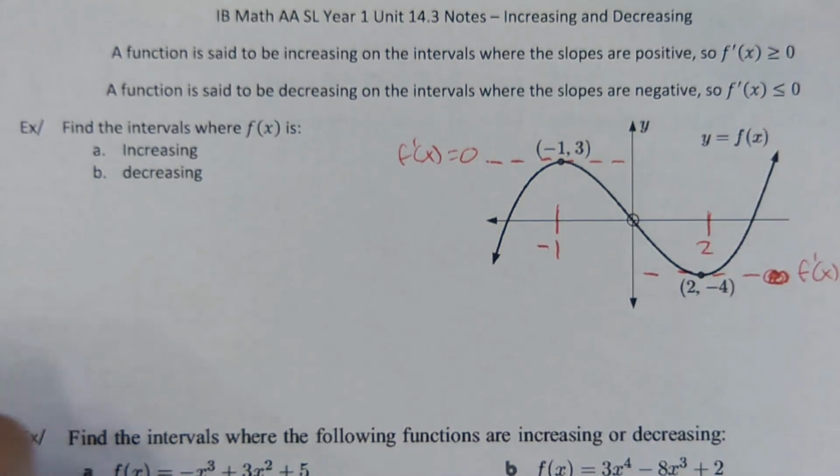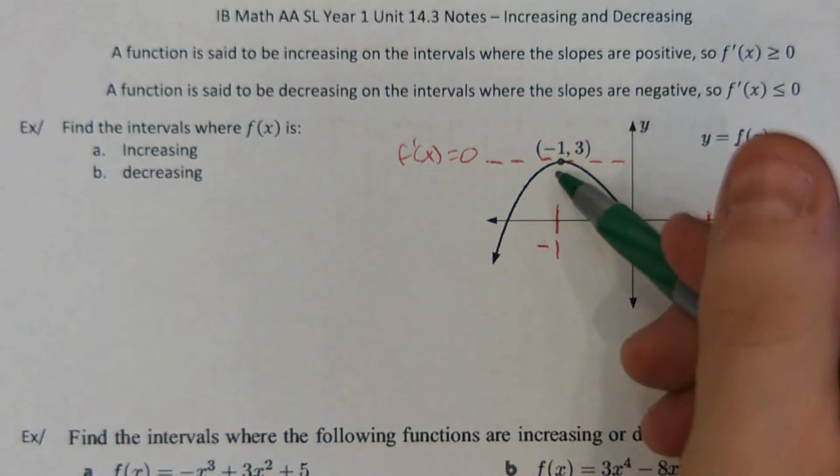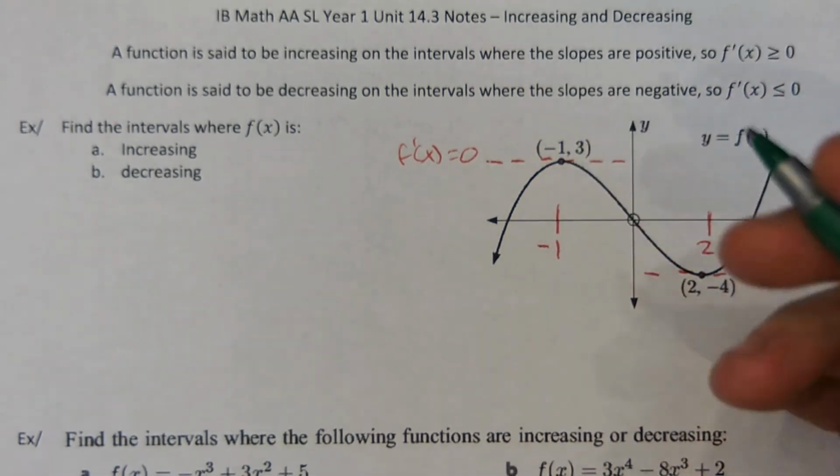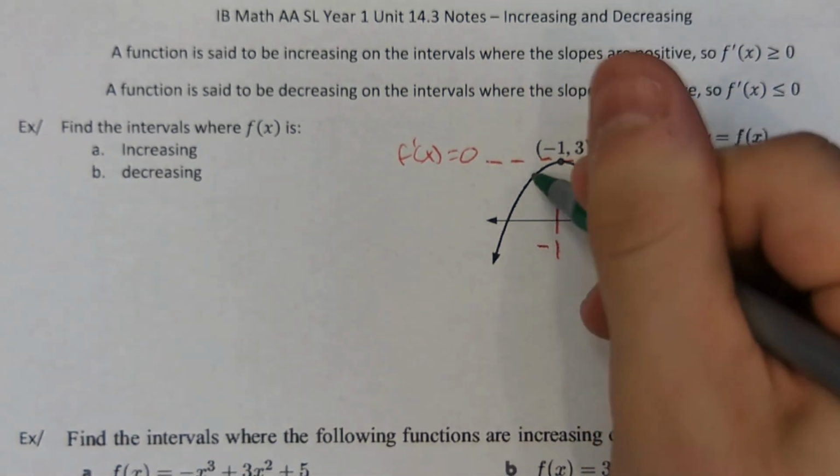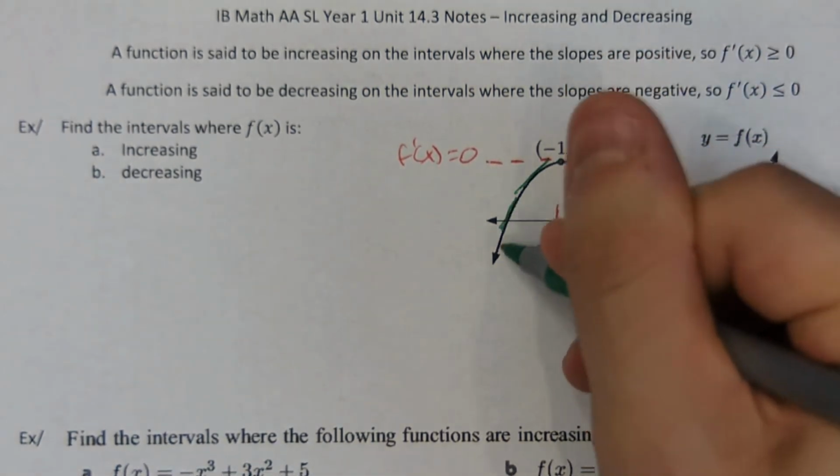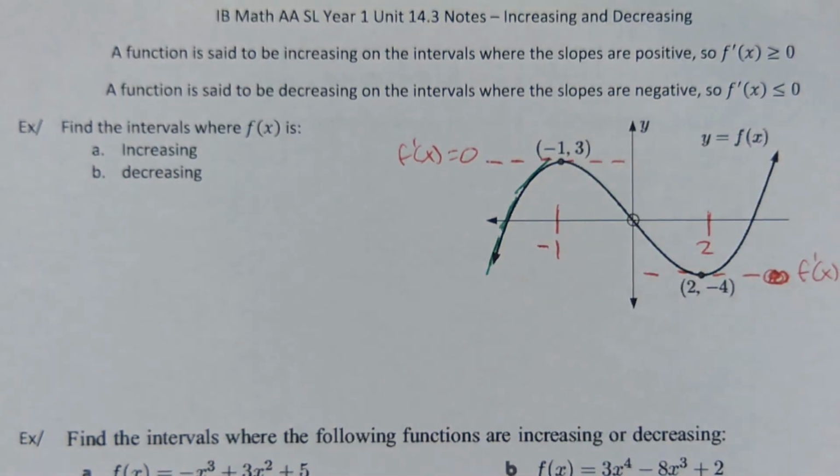So if you were to look everywhere to the left of x equals -1, that's all of this stuff, every tangent line you draw, see if I could draw one like this, or I could draw one like this, or I could draw one like this, every tangent line you draw would have to have a positive slope.